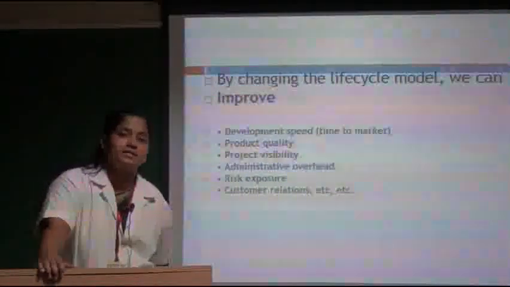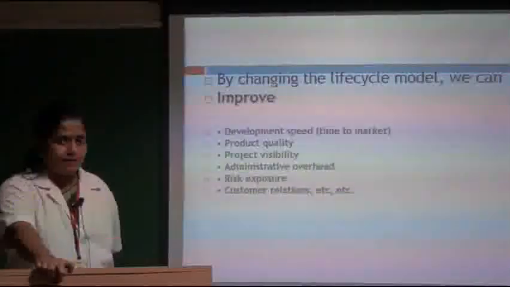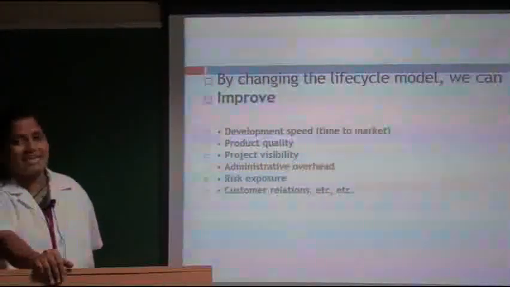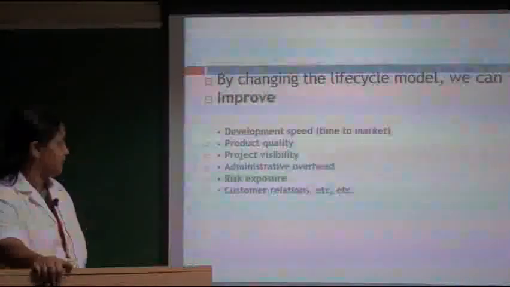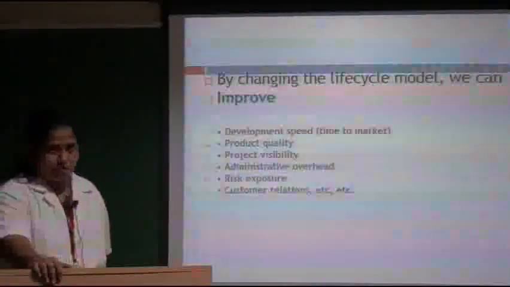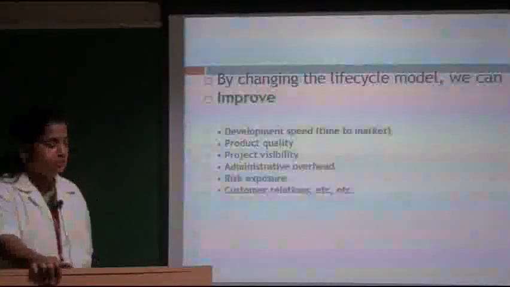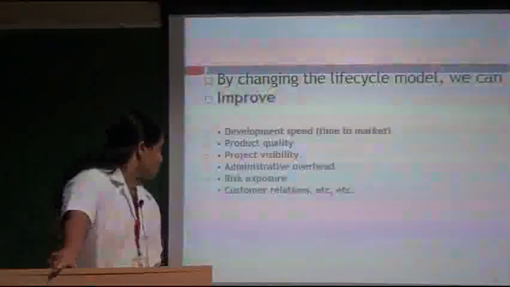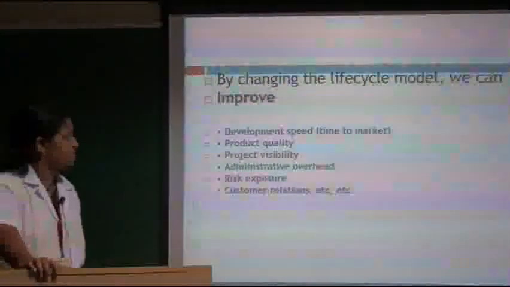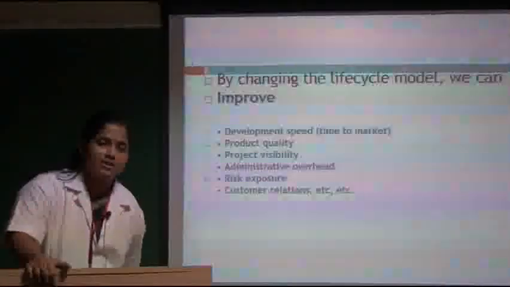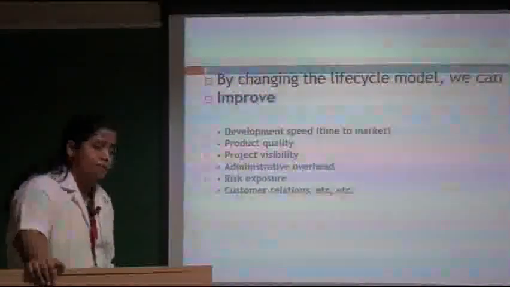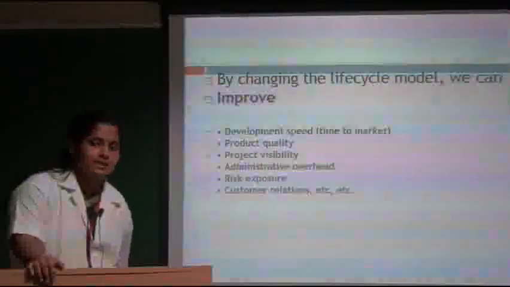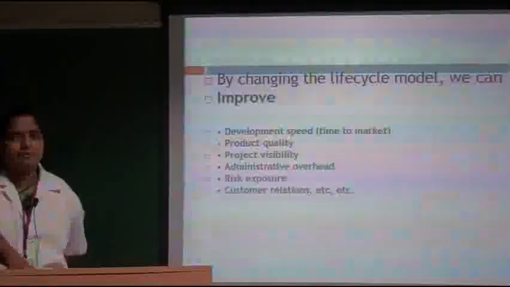The mantra for any software is the quality of the software, and the visibility of the project, how transparent the development cycle is, what the administrative overhead is, and what the risk exposure is, customer relationship, etc. These are the 6 parameters we need to consider before choosing the life cycle model: development speed, product quality, project visibility, administrative overhead, risk exposure, and finally customer relationship, etc.